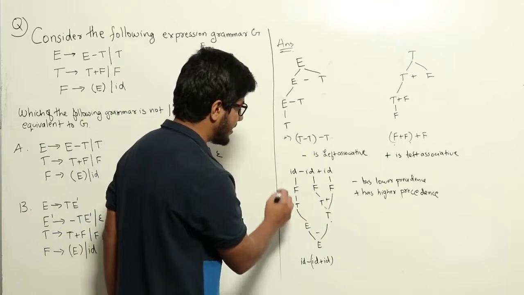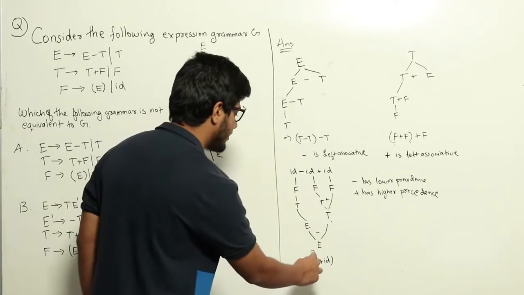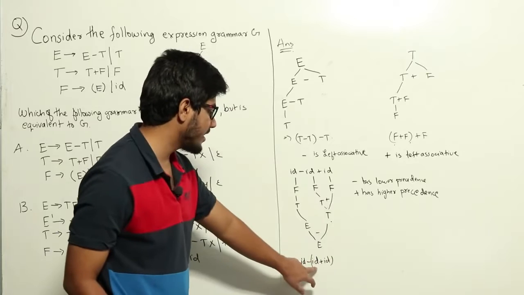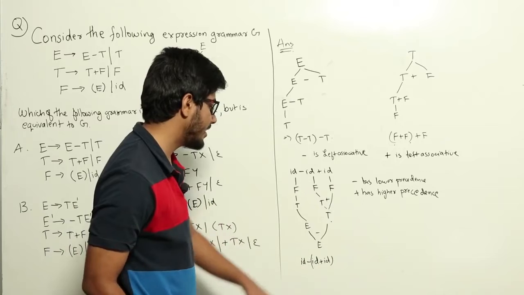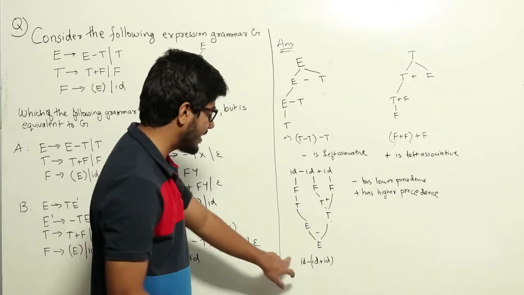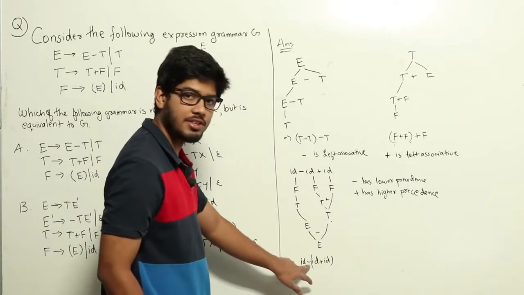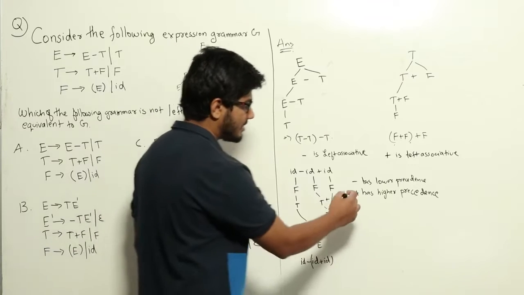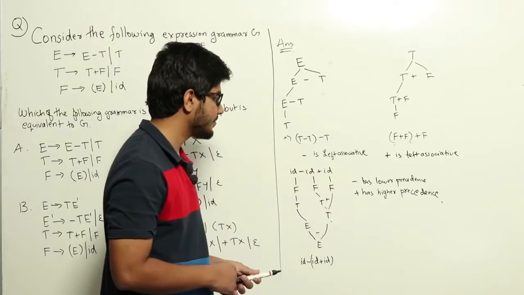So essentially what happened here is, for id minus id plus id, we are applying the brackets in this way: we are adding the last two ids together first, and after that we are subtracting that from the first id. So clearly for id minus id plus id, we are doing the plus operation first, and after that we are doing the minus operation, which means plus has higher precedence in this grammar and minus has lower precedence.